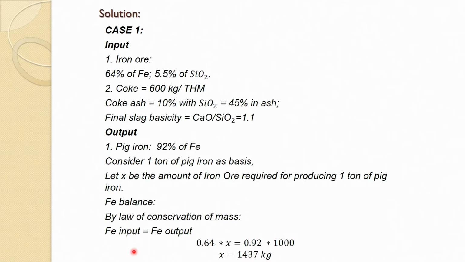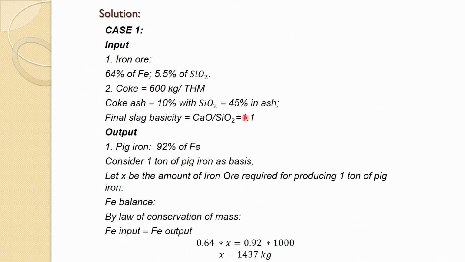So, in case 1, the input is iron ore, which has 64% iron and 5.5% SiO2. Coke consumption is 600 kg per ton of hot metal. Coke S is 10%, which contains about 45% SiO2, and final slag basicity is given as 1.1.